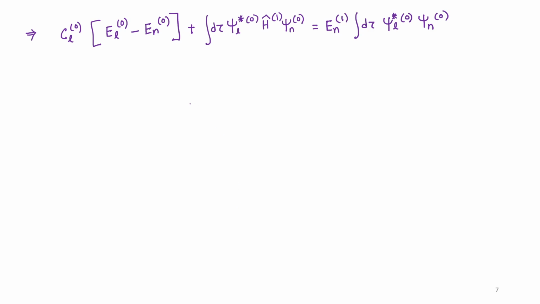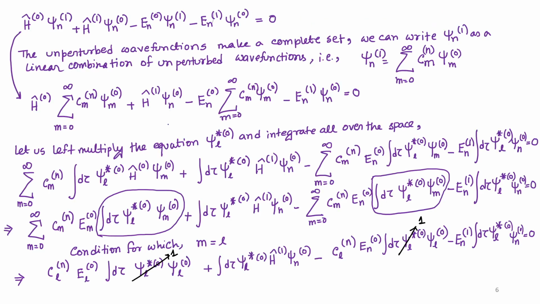N means number, and that n can be equal to L or not equal to L. See, in the previous case I told you, we are left multiplying with a 0th order wave function where it is L, not n, while getting the correct first order correction for the energy.